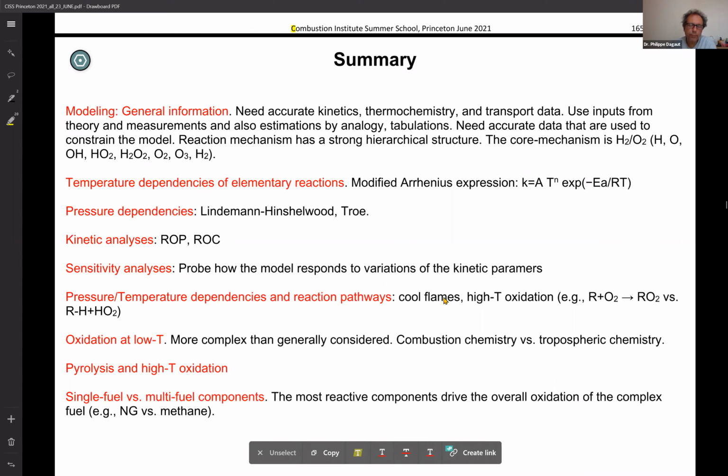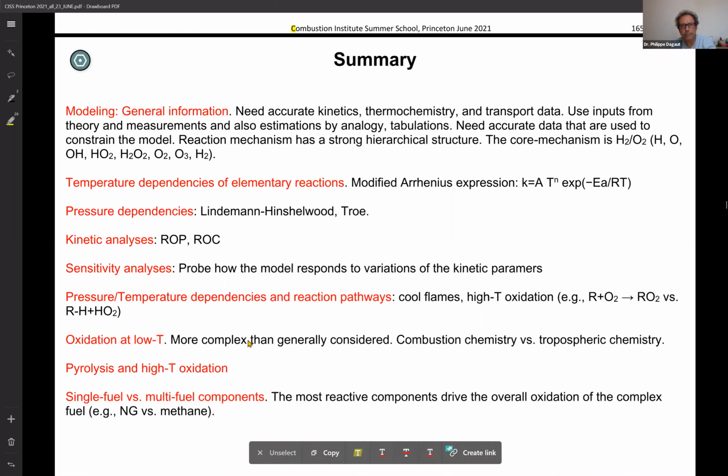Ultimately they will form some particulates, some aerosols, and this formation is a strong factor in global warming and air pollution in general. The oxidation, so this is what I summarize here.